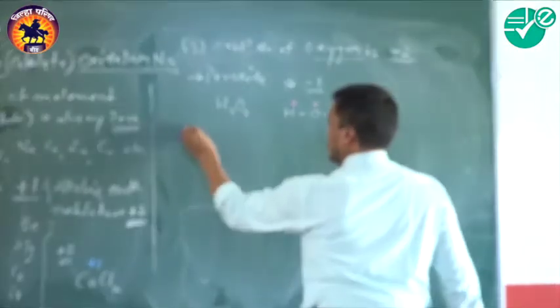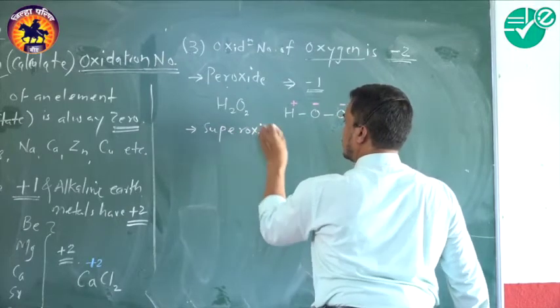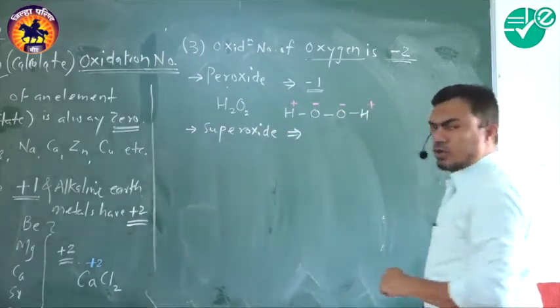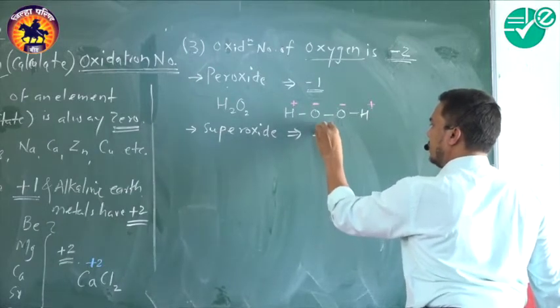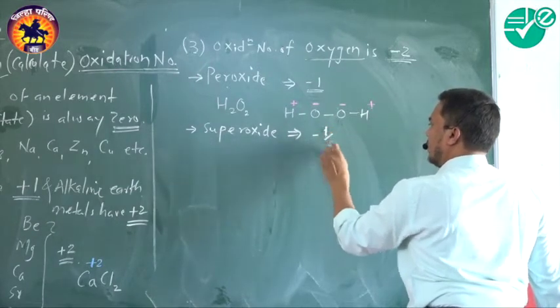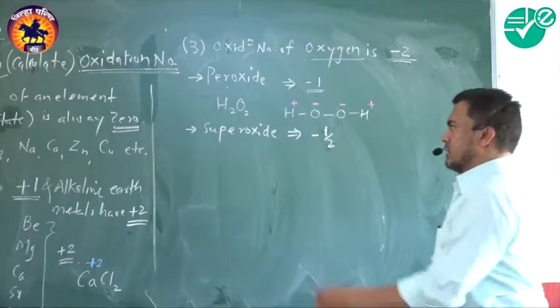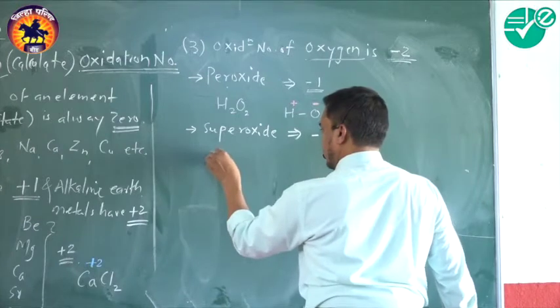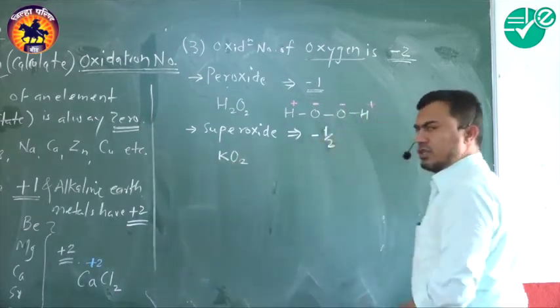Similarly, for superoxide, the oxidation state of oxygen is -1/2. Potassium superoxide, KO2, can be taken as an example to understand what a superoxide is.